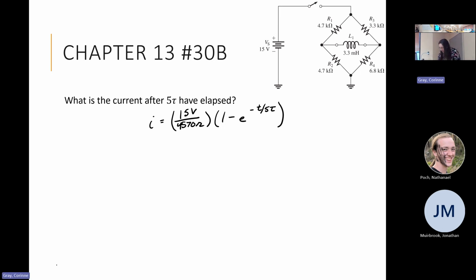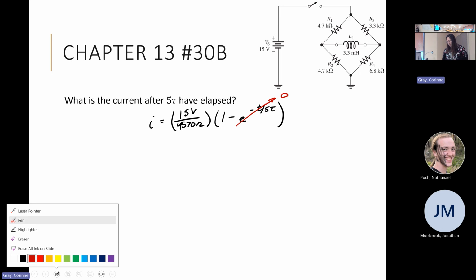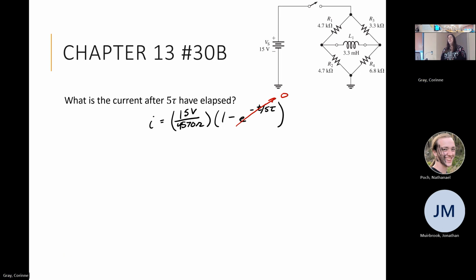And what's 1 minus 0? And what is any number multiplied by 1? So without having to plug in anything else, when we get to 5 tau, the current should just be equal to the final, when we are increasing the current, so when we're closing that switch.